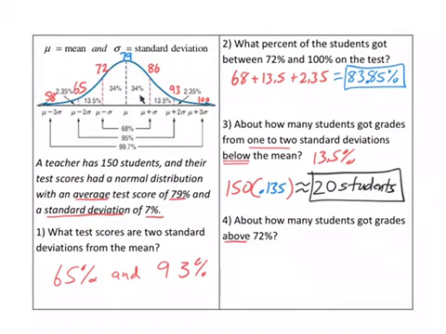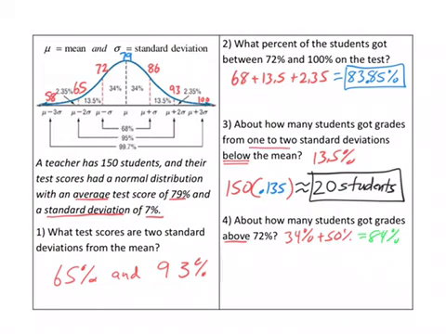So won't that be 50% plus 34? So that would be 34% plus 50% would equal 84% of the students got from here over.